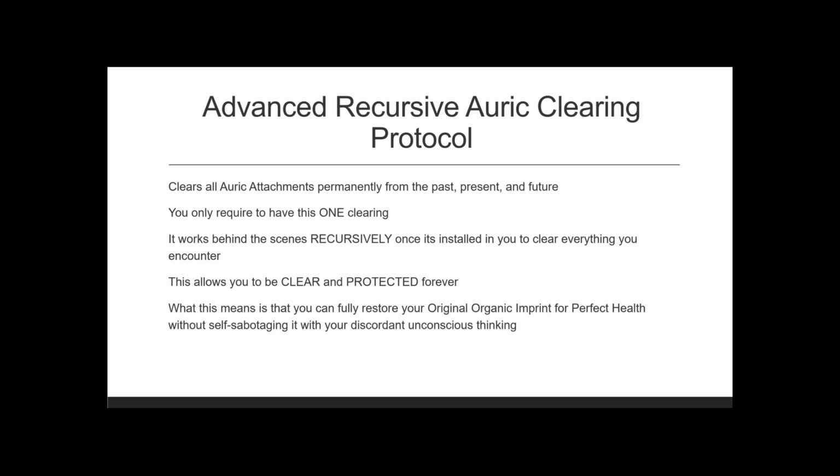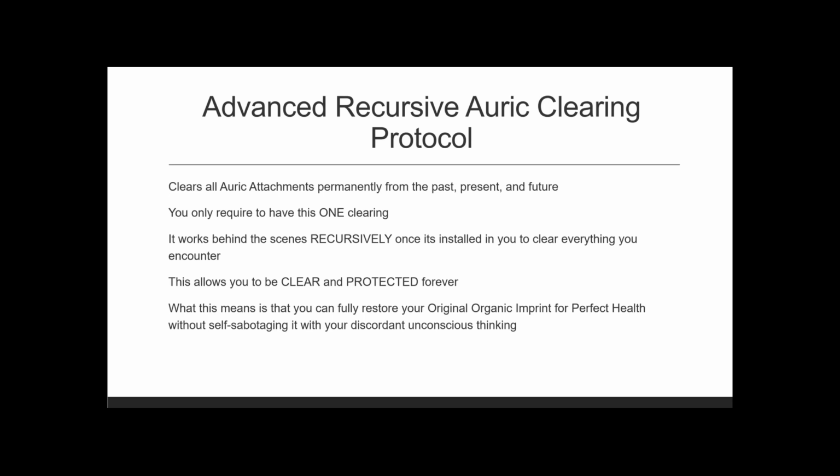So with this new protocol, you only have to have this one clearing. And once you have the code activated in you, it works behind the scenes recursively to clear every type of negativity that you create or encounter. So it basically allows you to be clear and protected forever.